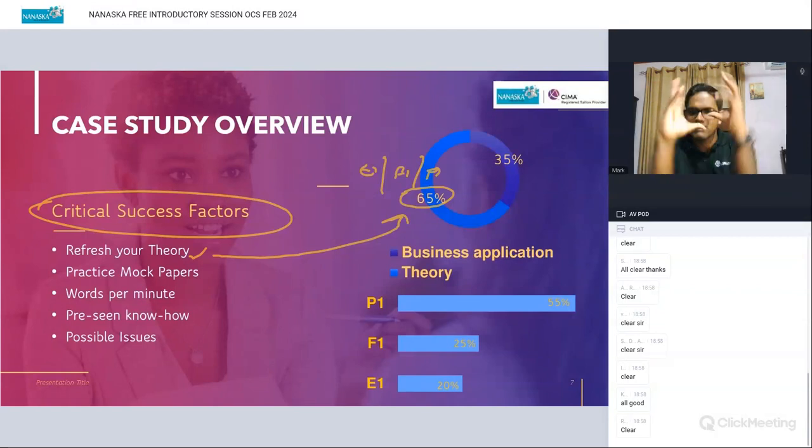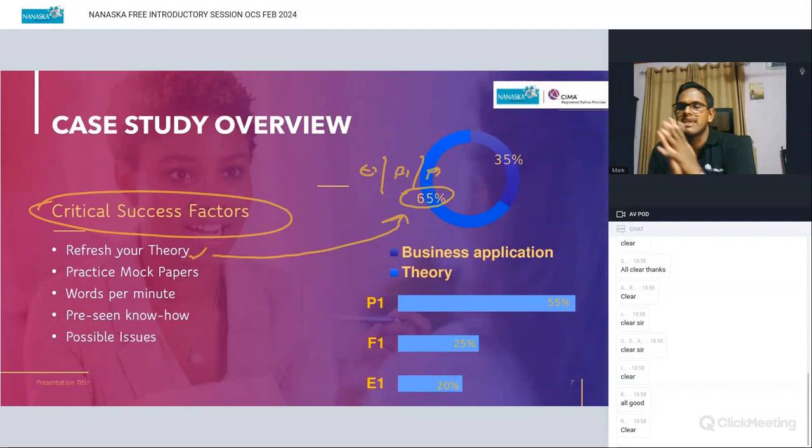You'll have a 100% complete pie chart when you do at least 8 or 9 mock papers. Don't worry about it. It's my responsibility to take you to that level, so you need to support me with that level of dedication and commitment. Myself and the team working with OCS for Nanaska will definitely help you get there.